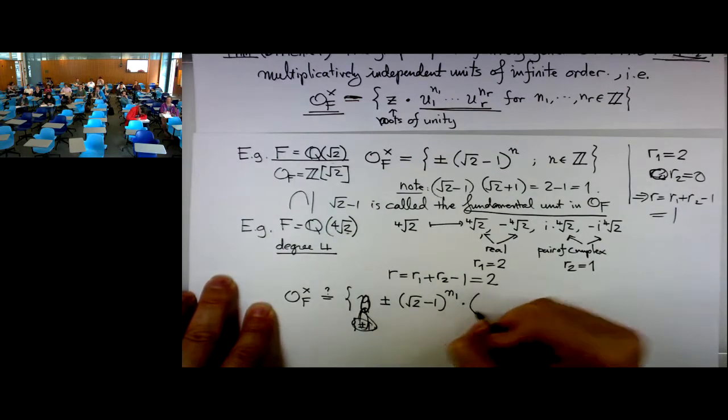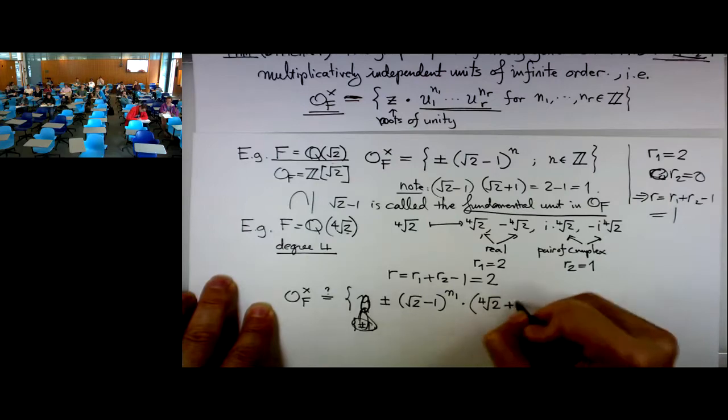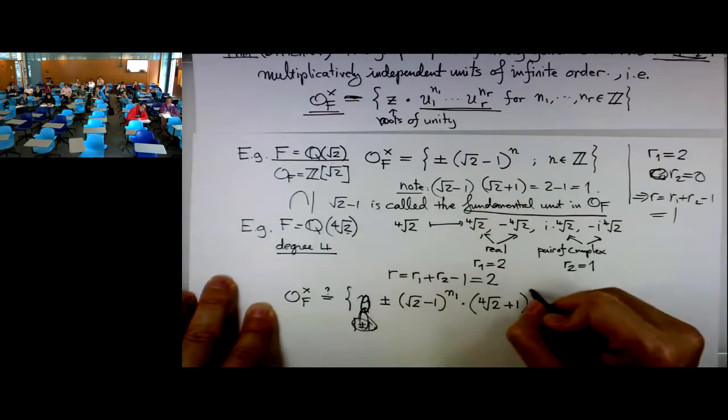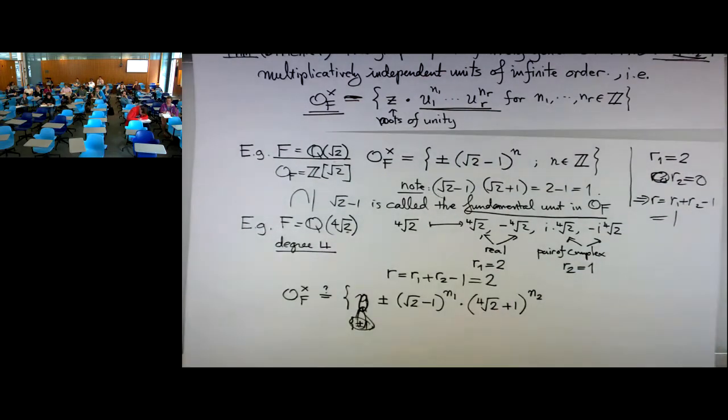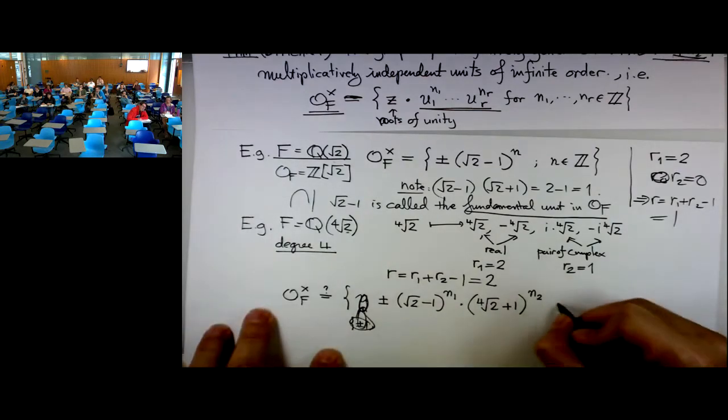And you have something new: you can do the fourth root of 2 plus 1, or minus 1 this time. I think this is equal. If it's not equal, then it's off by a small number. I didn't prepare this, sorry.